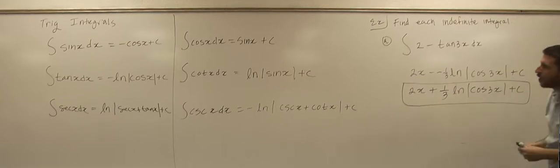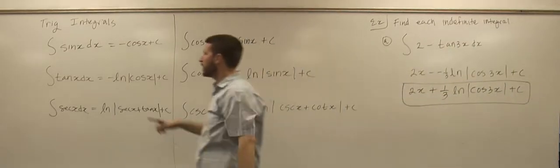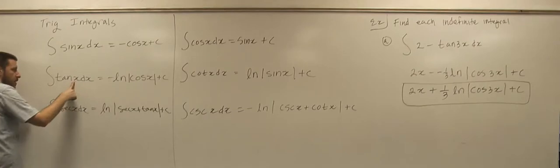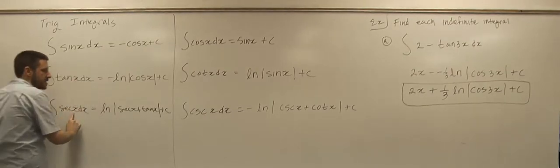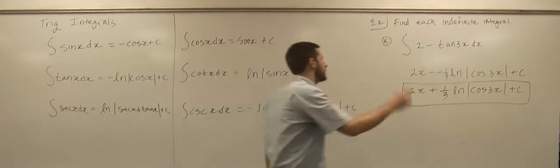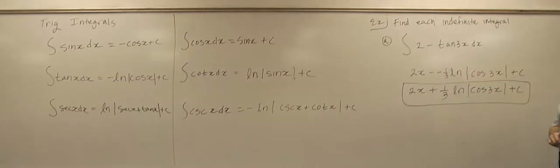So always, always, always, if you put an extra constant multiple times x, that's going to come out as a division when you do your integral. It's just the opposite of the chain rule. You're making up for the chain rule.